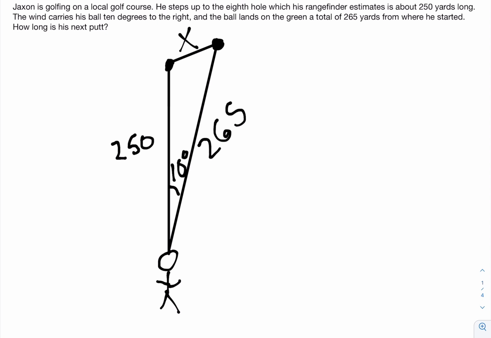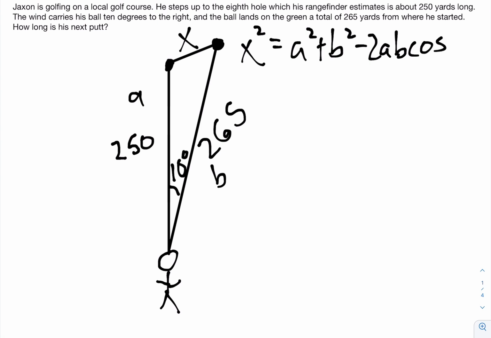So notice how the angle we have here is opposite to the side we're looking for. So anytime that happens, that means we're going to be using the cosine law. So if we have our triangle here, we know that x squared is going to be equal to, I'll call this a and I'll call this b, a squared plus b squared minus 2ab cosine, and then this is going to be 10 degrees.